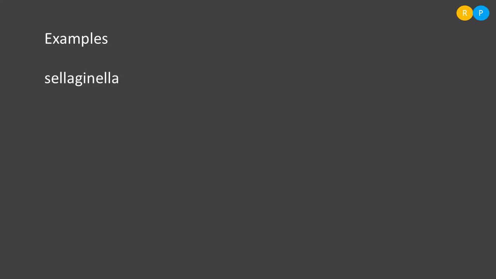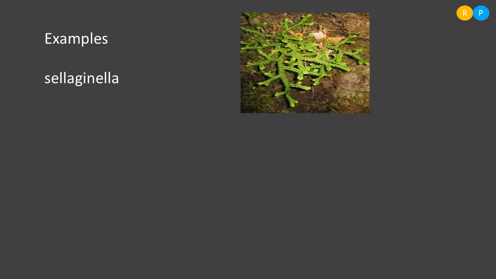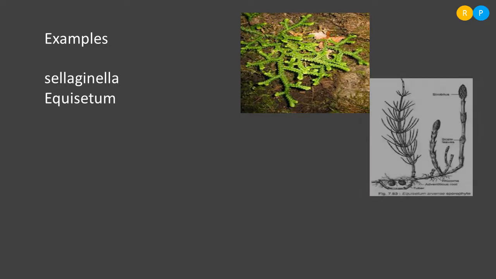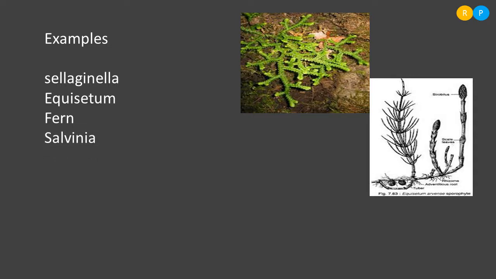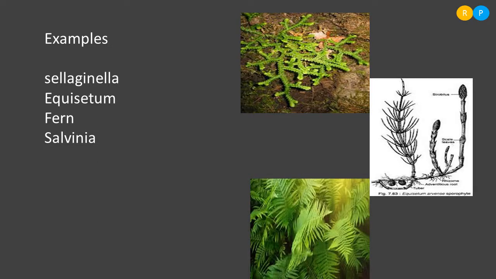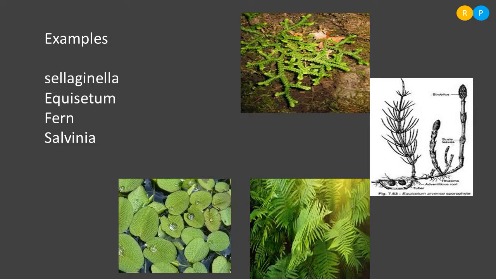We have already seen this plant in our last slide. This is the Selaginella plant, and one more plant is Equisetum. This is the Equisetum, and one more is fern, and one more is Salvinia. So this is the fern and this is the Salvinia. Clear? These are a few important examples we can study under the pteridophytes.